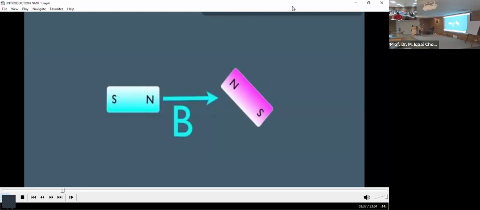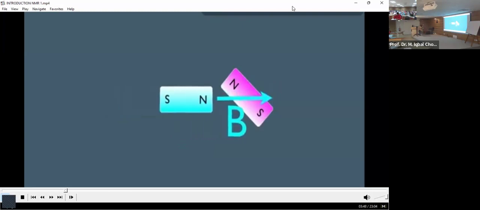And typically, magnetic fields are given the symbol B. So another way to understand the influence of magnetic fields is that if we again move this magnet close to the other pink magnet here, then the result is that this pink magnet orients itself with the magnetic field in this direction. In this section, we're going to be representing magnetic fields as these blue arrows, which from now on, as you can see here, are going to influence the orientation of other magnets.